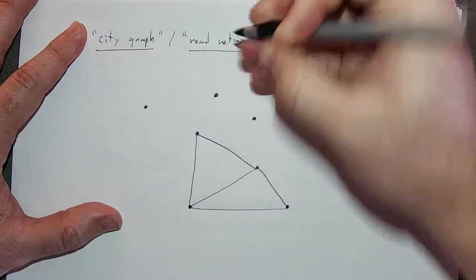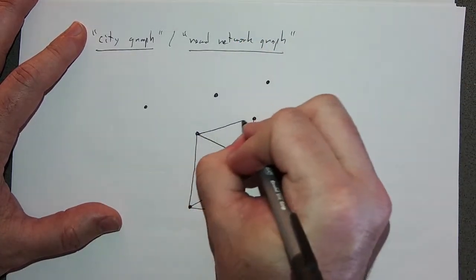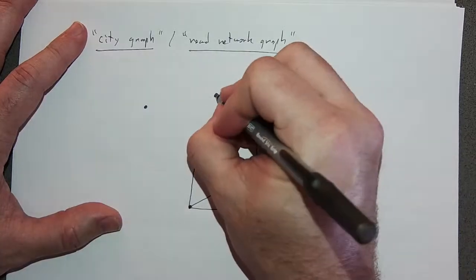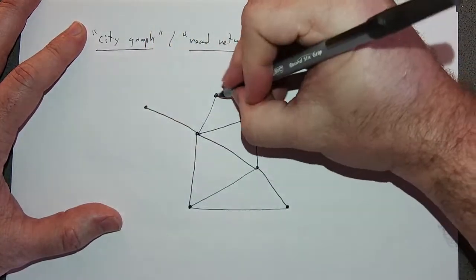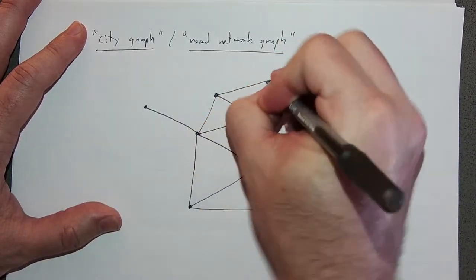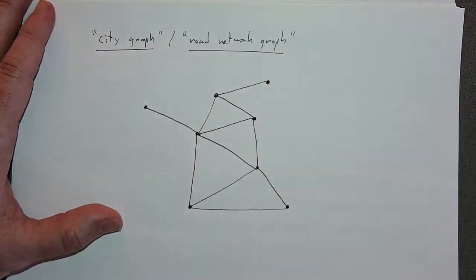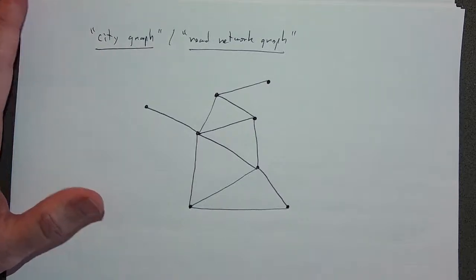I'll give the rundown here in a second. I'm going to label these vertices first, so that I don't have to keep holding the book up. I think it's actually better to do it this way. So what this graph is giving is essentially the following.